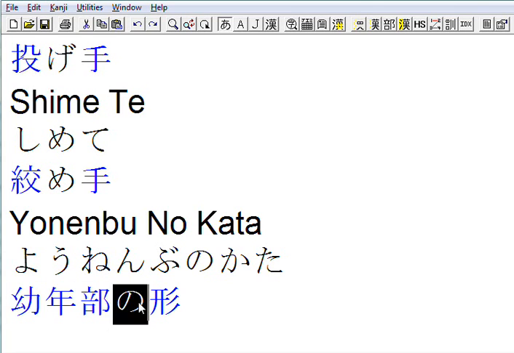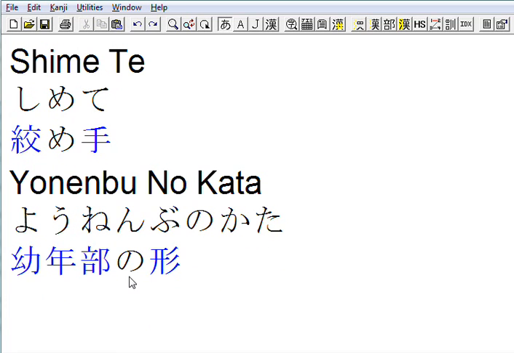Now, this no here is what's called a Japanese particle, which is a form of speech that allows you to connect things or to show verb endings or parts of speech and things like that. In this case, the no is a possessive. So this is like saying children's class apostrophe s in English.